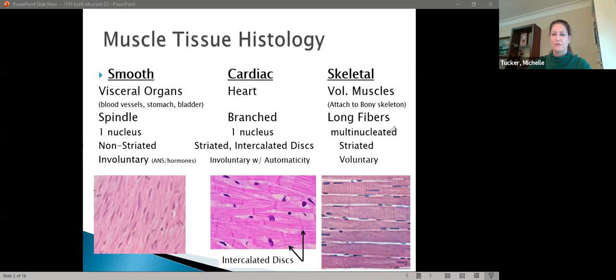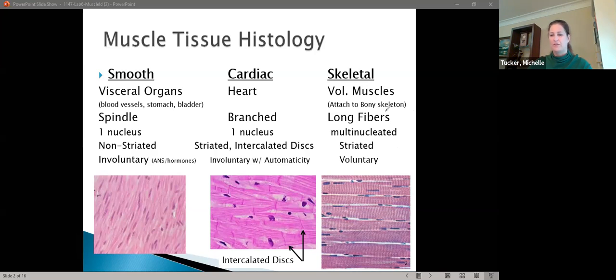And then we get to skeletal muscle. Skeletal muscle is controlled by the voluntary nervous system, which we will talk about in depth in lecture in a few more weeks. They are part of voluntary muscles, which attach to the bony skeleton, which we've spent the last few weeks learning in lab. These are extremely long fibers.